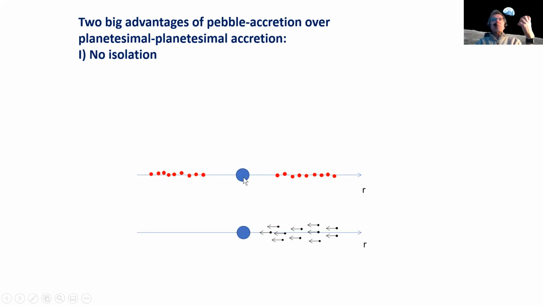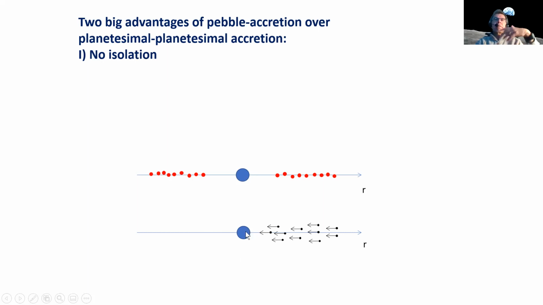But if the body accretes pebbles, this problem of isolation doesn't exist because the particles drift radially in the disk. So even when the growing planet has captured all the dust particles in its vicinity, new dust particles will come and refill its vicinity.